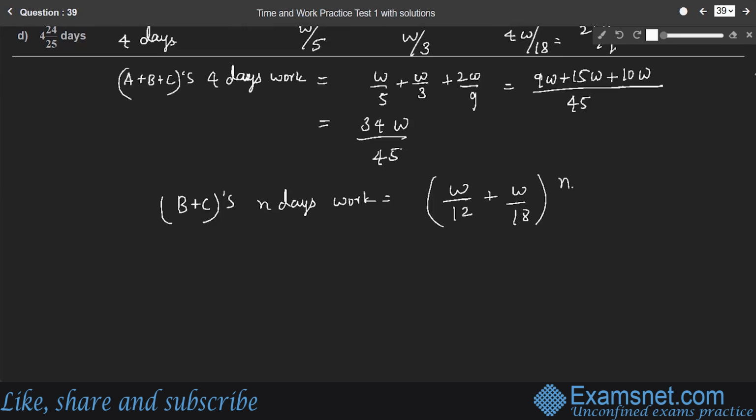Since the LCM is 36, it becomes 3W plus 2W, which is 5W into n by 36. That is B and C's n days work.